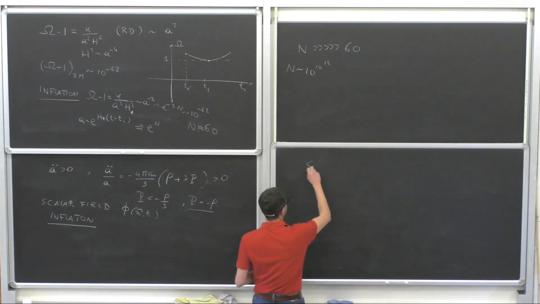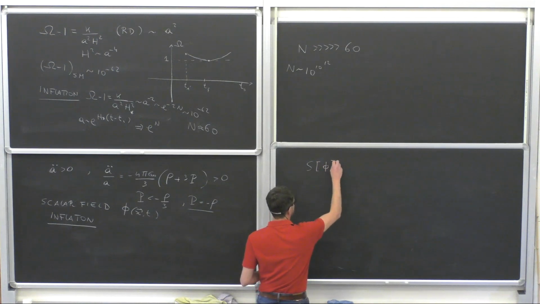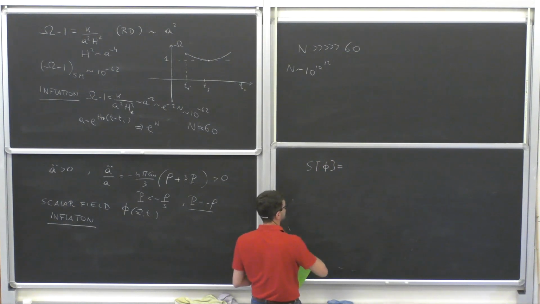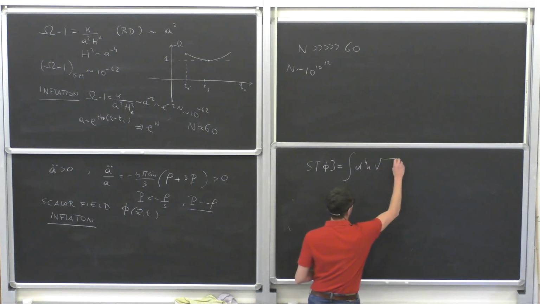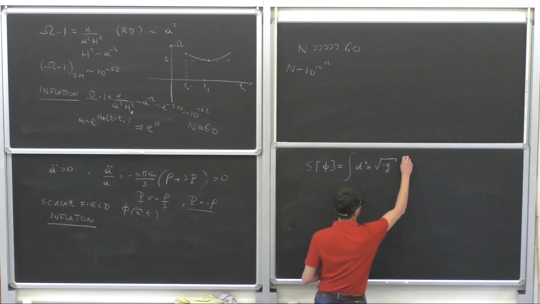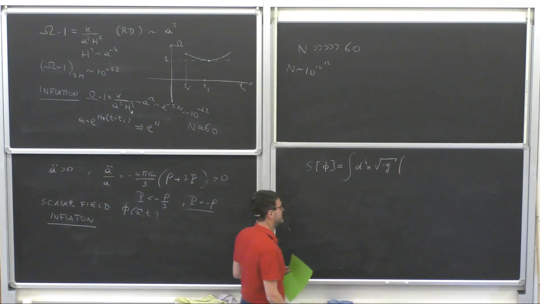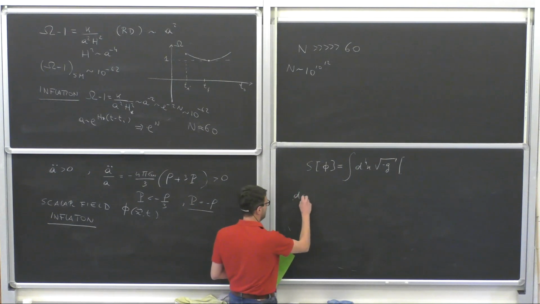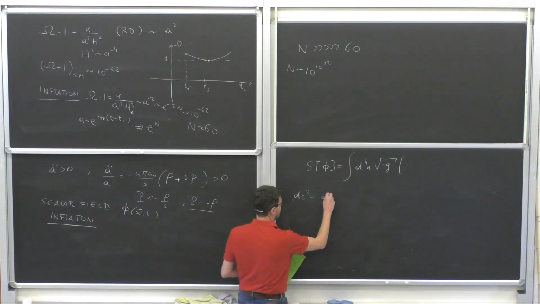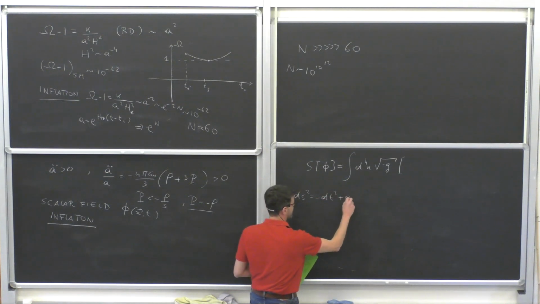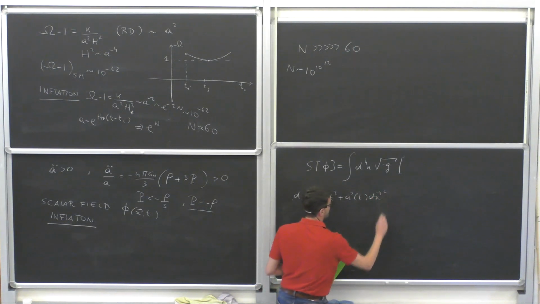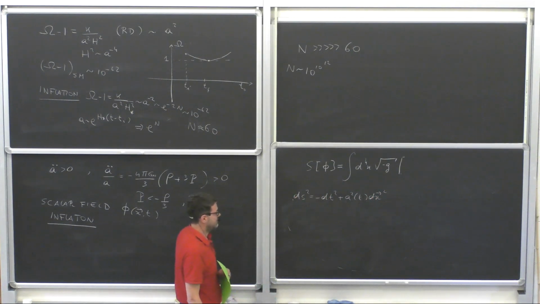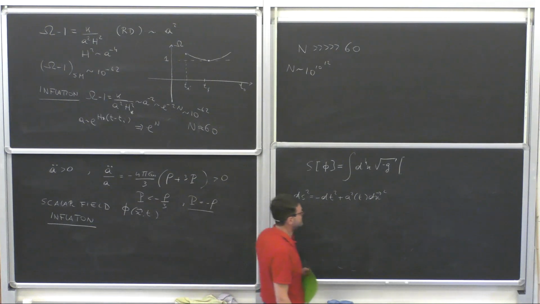So the scalar field has an action, S of phi, equal to the integral d^4x of the square root of minus g, where g is the determinant of the Friedmann-Robertson-Walker metric, which I'm going to take to be, as I said yesterday, minus dt squared plus a squared of t times dx squared. Okay, so that's my background metric.